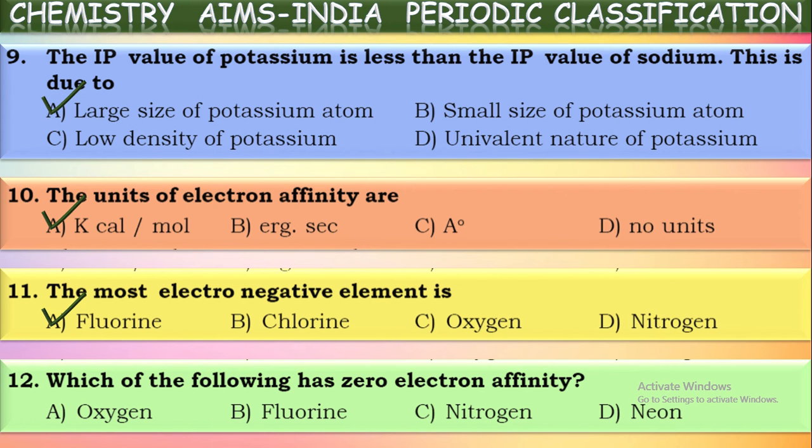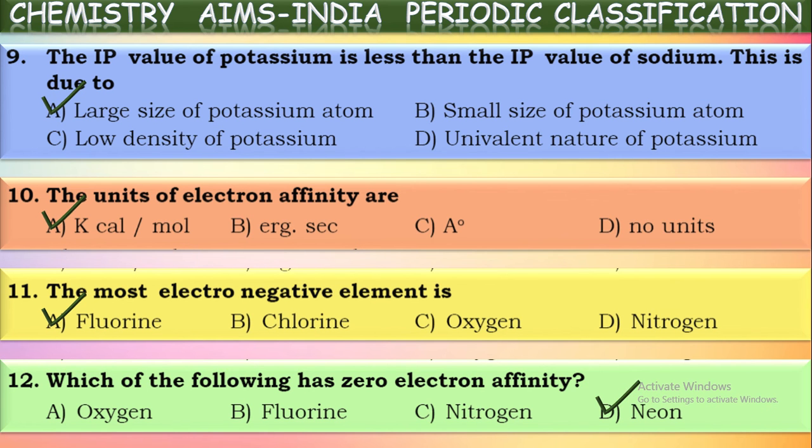The elements with a stable configuration are noble gases, which have almost zero electron affinities. So in the given options, which is the noble gas? It is neon. Neon has almost zero electron affinity because it has a stable electronic configuration. It has no interest in gaining electrons.